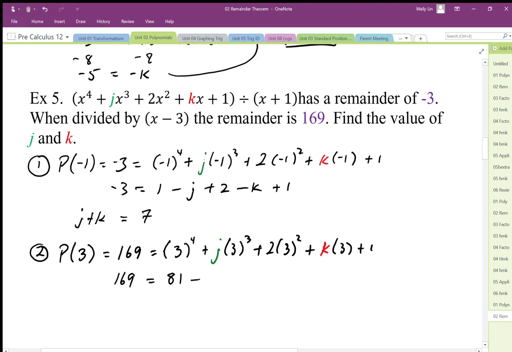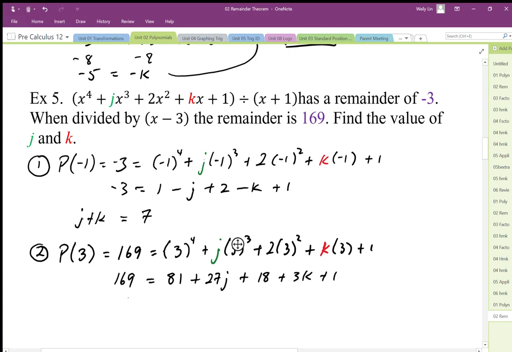Simplify this. I'm going to end up with 169 is equal to 3 to the power of 4, which is 81, plus 27j plus 18 plus 3k plus 1. Okay, so I'm going to add all this. This ends up being equal to 100 on the right hand side. 81 plus 18 plus 1 is 100. So I'm going to subtract 100 from both sides.